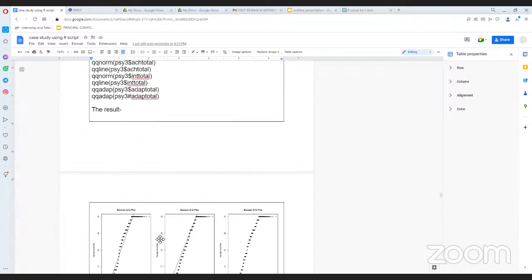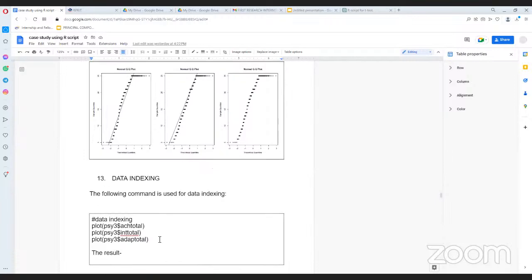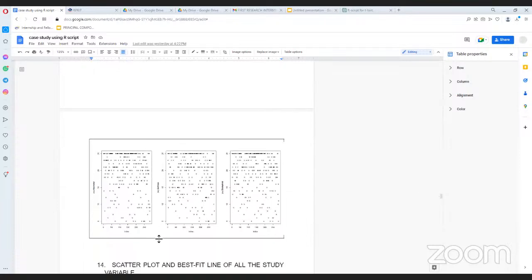Then the normality checking. This is a quantile plot. After that, data indexing. This is the total data.